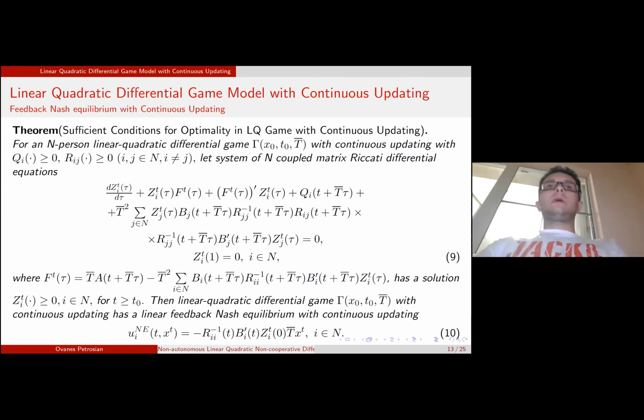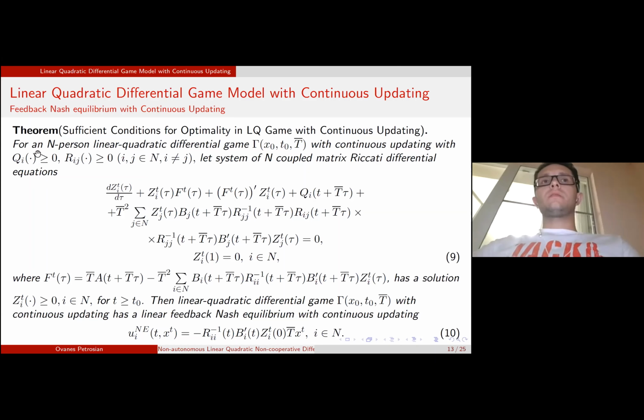What you can see now on the slide are the sufficient conditions for the Nash equilibrium in the non-autonomous linear quadratic differential game with continuous updating. Of course, for the feedback case, it's also possible to derive a formula for the open loop based Nash equilibrium for the autonomous case, but it was done in other papers, so I did not provide the results here.